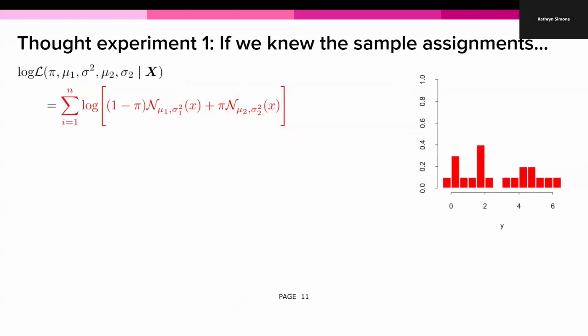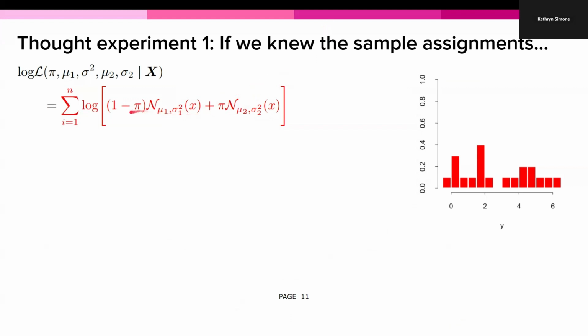Okay, so let's imagine for a moment that we knew the sample assignments. What I mean by that is that we knew exactly which data points came from which mode. So even if we don't know the parameters yet, just having this information about which point belongs to which group could make things a lot easier.